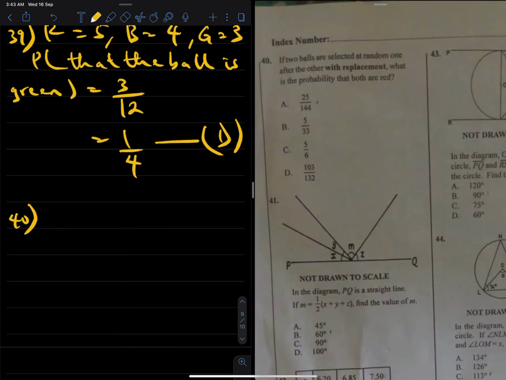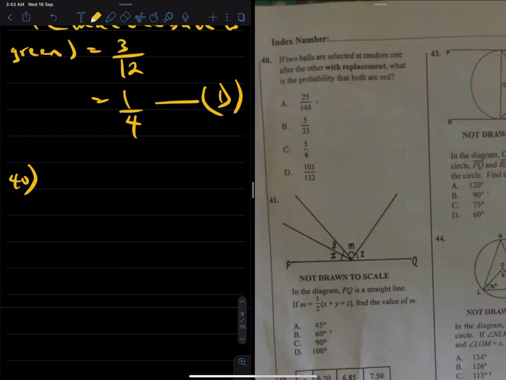Number 40 says, if 2 balls are selected at random one after the other with replacement, what is the probability that both are red? Probability that both are red.